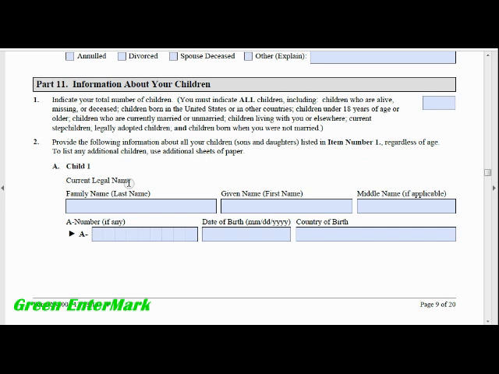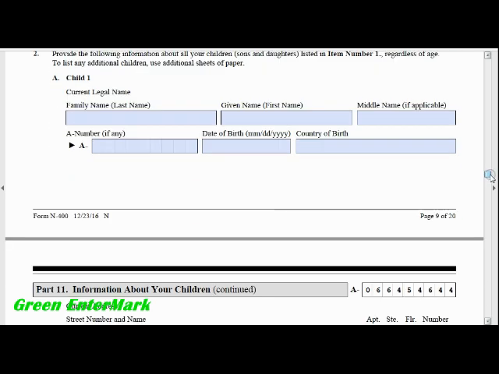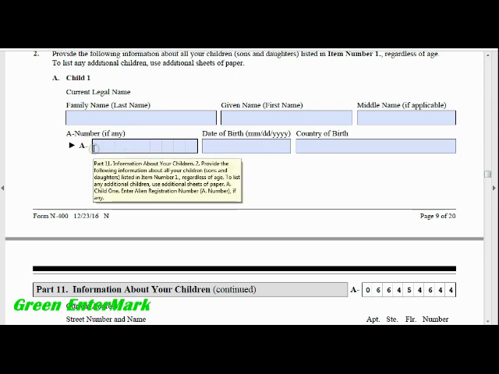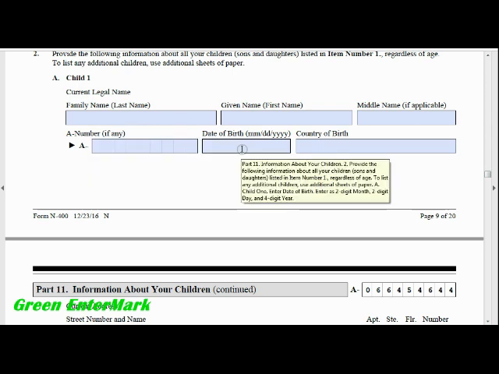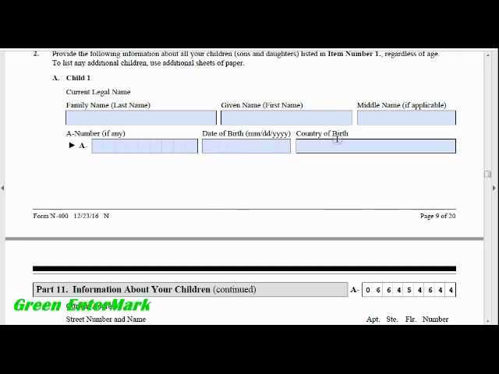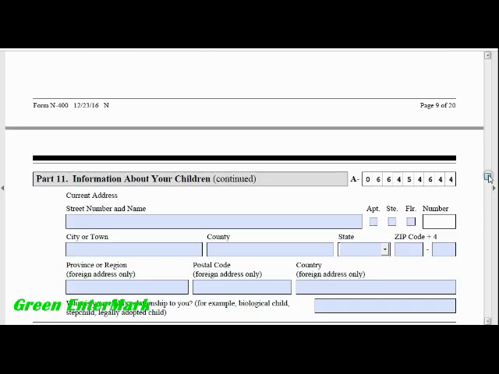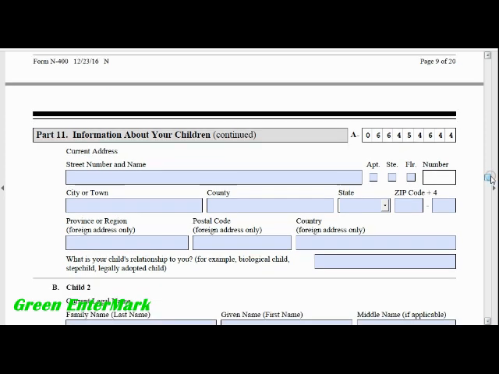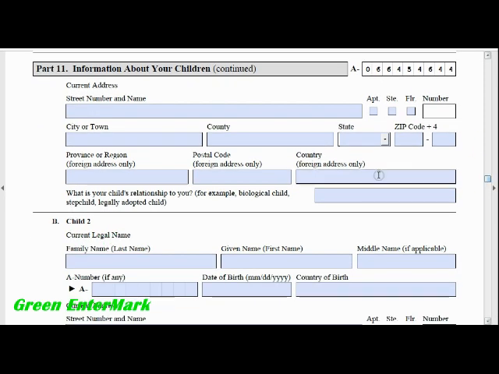Okay, so first of all, you have to mention your current children who are residing with you, current legal name, the name of the children, and alien registration number if there is one, date of birth of your child, country of birth, and then address of your child where they reside, whether with you or with his or her mom.